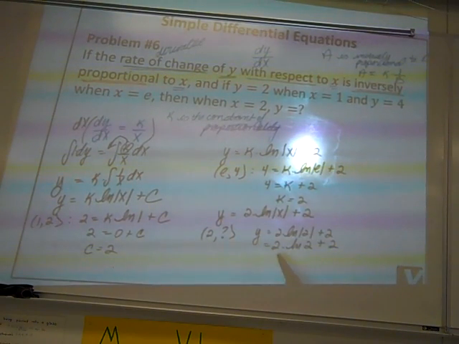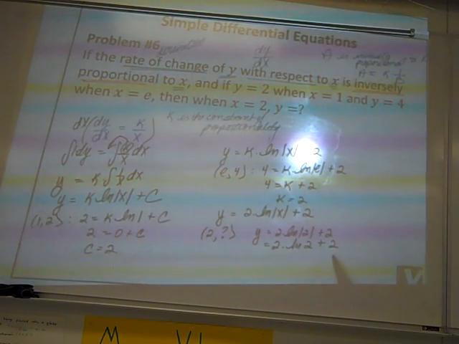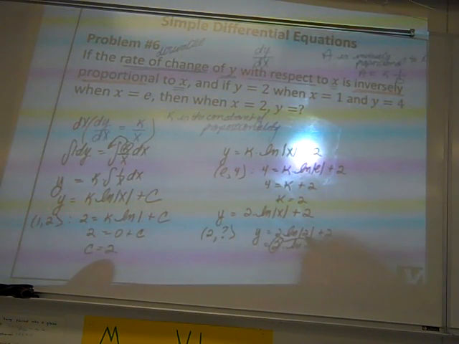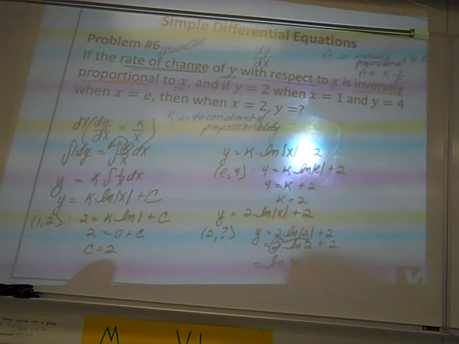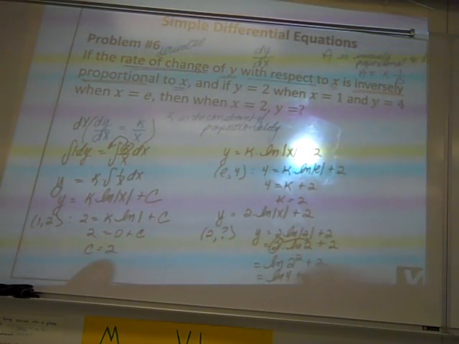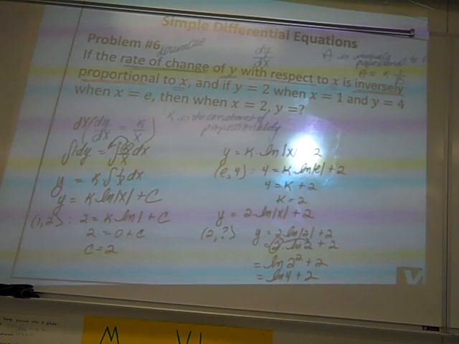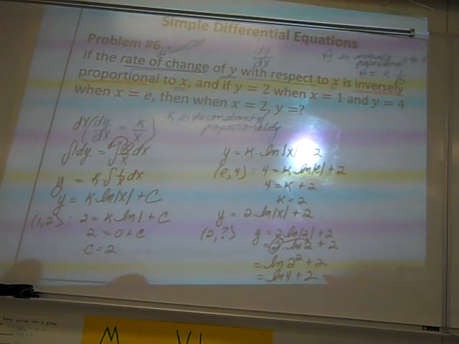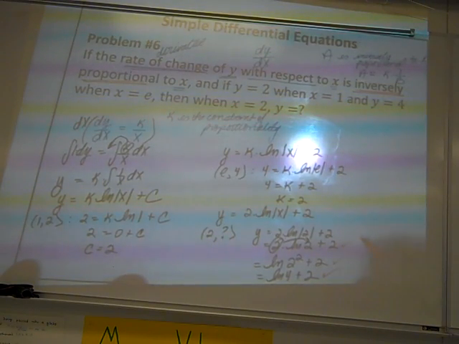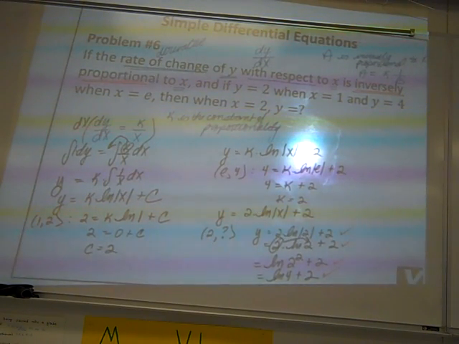You could leave your answer as 2 times the natural log of 2 plus 2. Or you could use your property of logs that allows you to bring that 2 up. So now you have the natural log of 2 squared plus 2. That's the natural log of 4 plus 2. Since these are all numbers, feel free to stop here, or here, or there, any place you like.